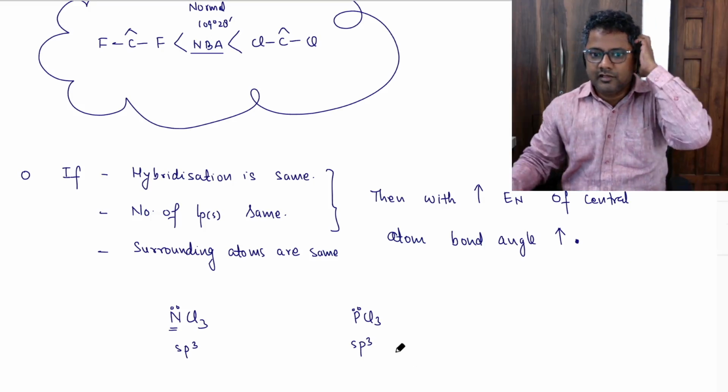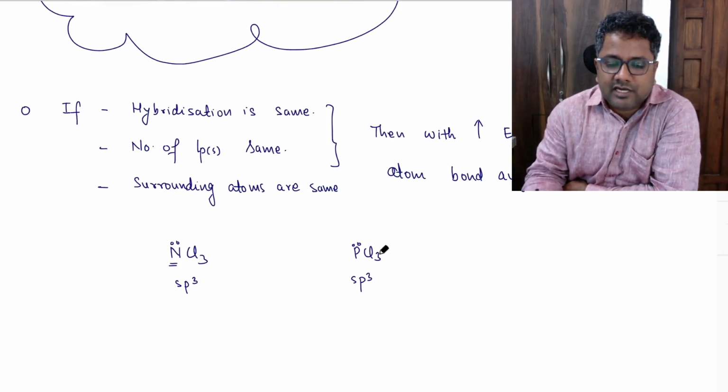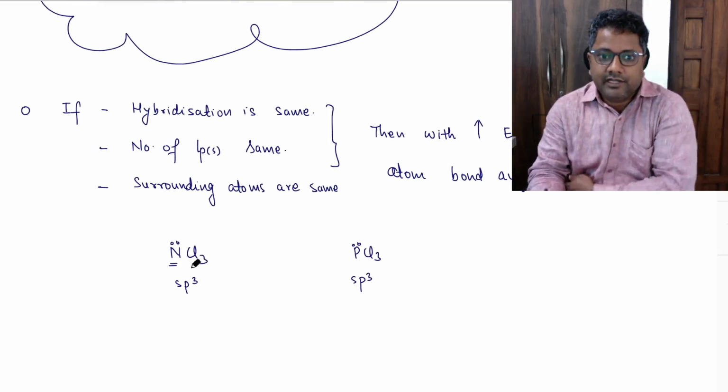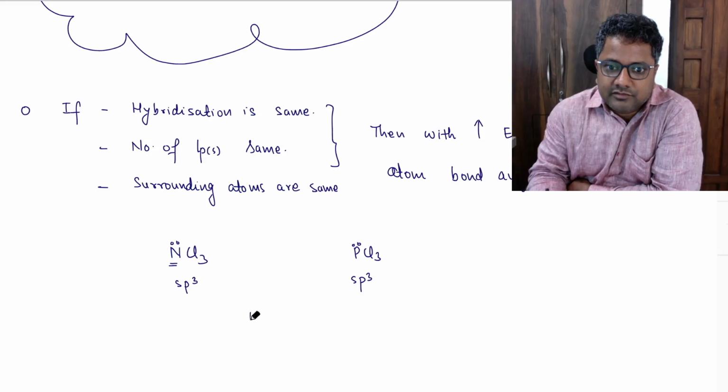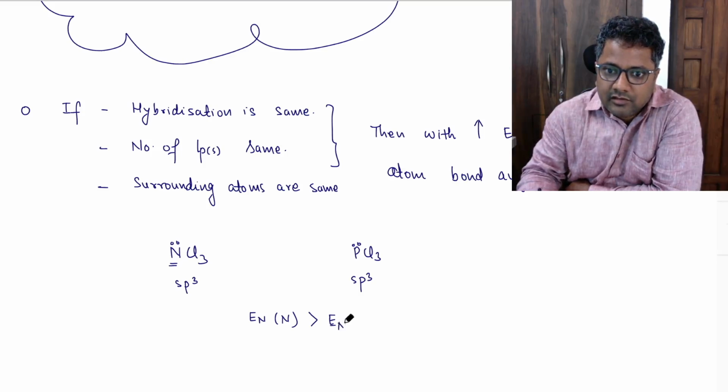Okay. So hybridization is same, lone pair is same, surrounding atoms are same. Then the electronegativity of nitrogen is more than the electronegativity of phosphorus.